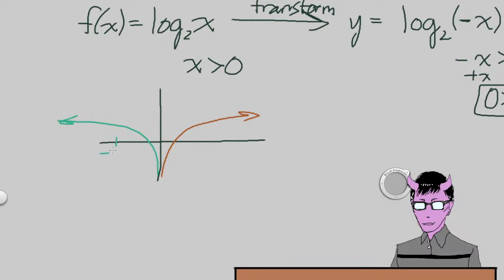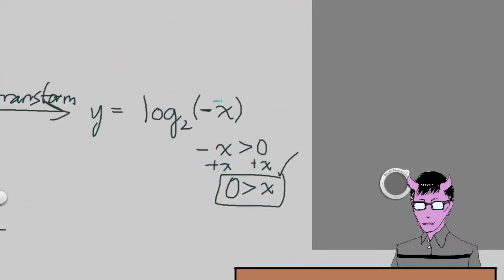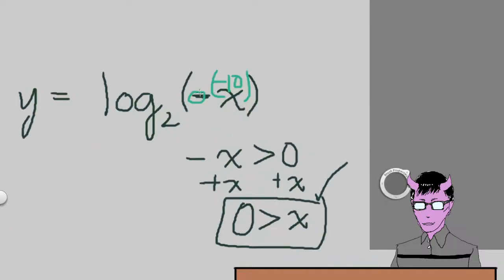Because we can put in negative 10, for example. So we put negative 10 as a direct x input. This negative here cancels with that negative, thereby giving us a positive input. And that's okay as an argument as a whole.